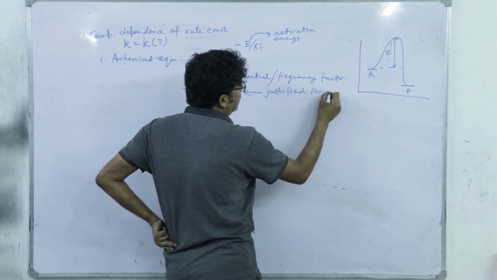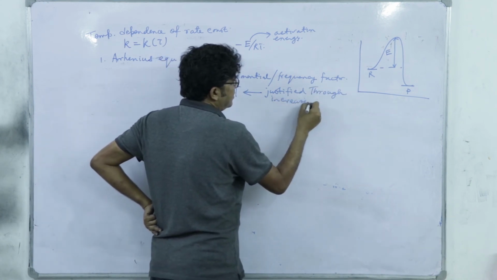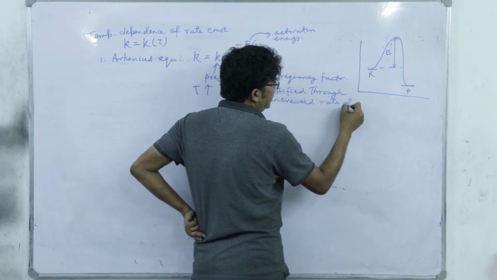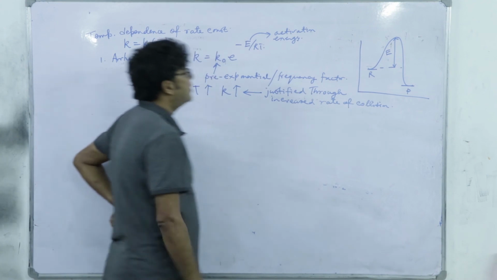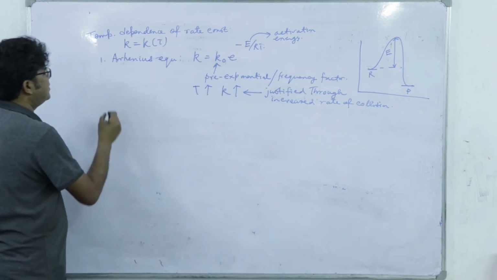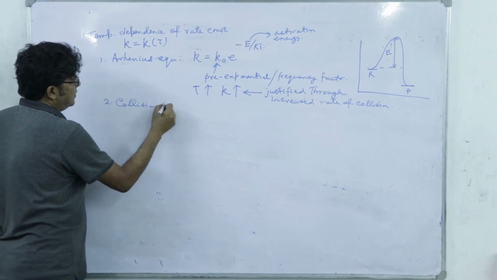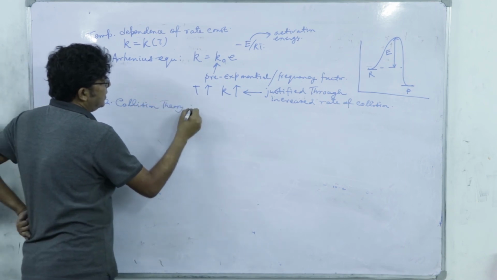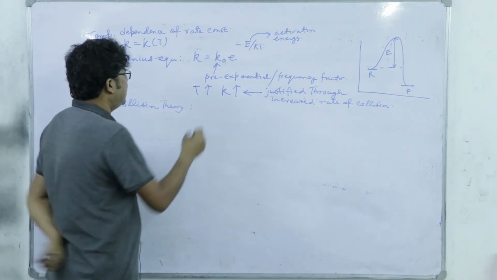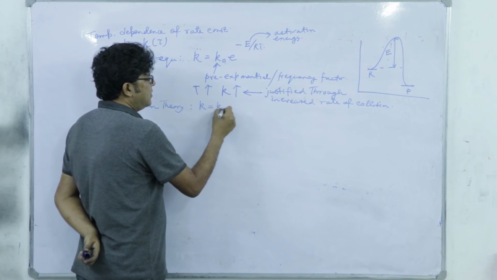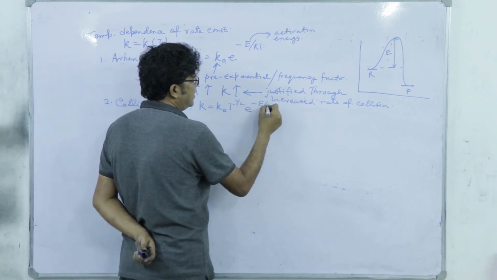through increased rate of collision. That is the Arrhenius model. Second is collision theory. It proposes that though the basic term remains the same, there is an additional multiplier, that is T to the power half into e to the power minus E by RT.